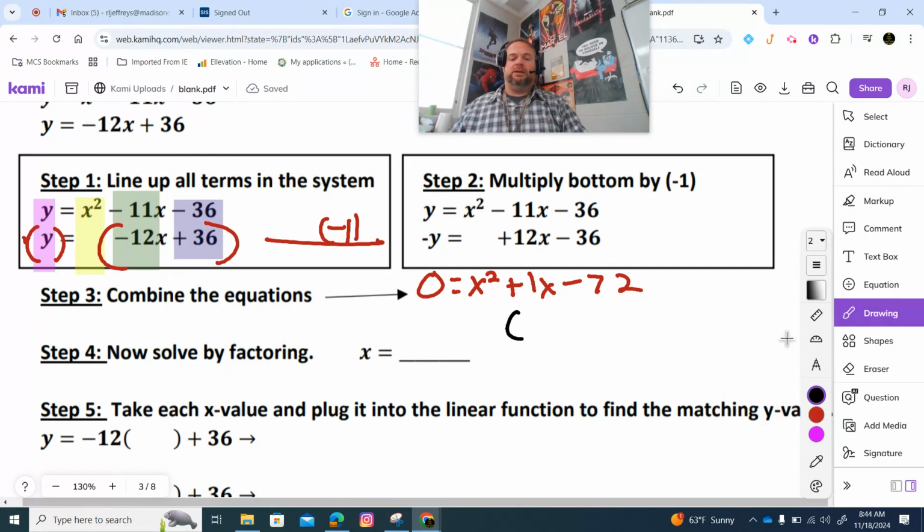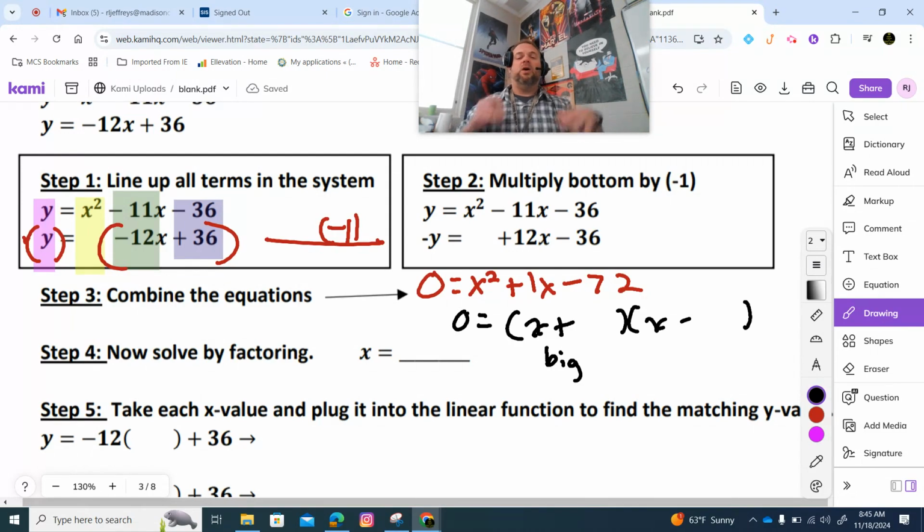All right. So, one of the major hated F words in math: fraction, FOIL, and factoring. Signs are different, take the bigger number. All right. What two numbers, when you multiply them, you get negative 72, but when you combine them, you get 1? I'll give you a hint. They're 1 away from each other.